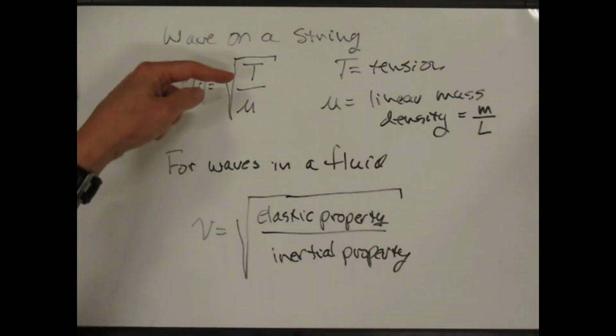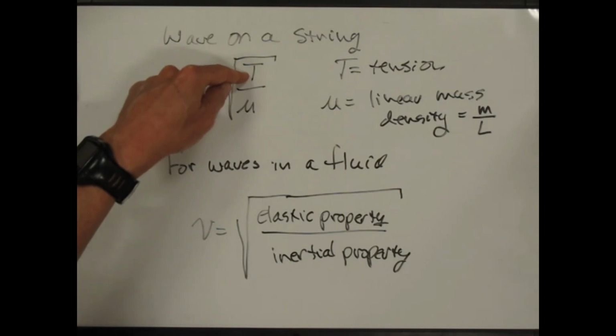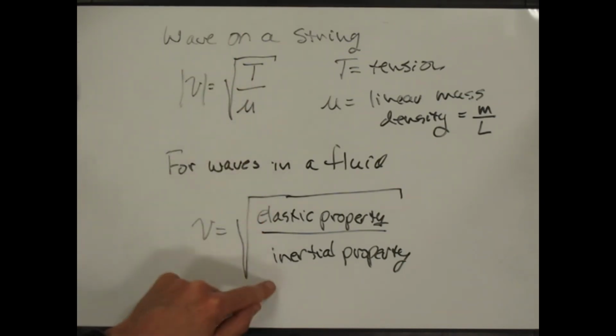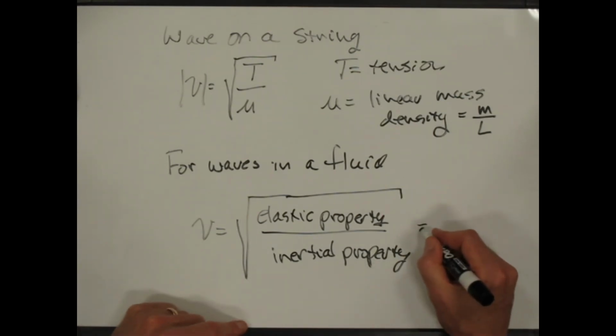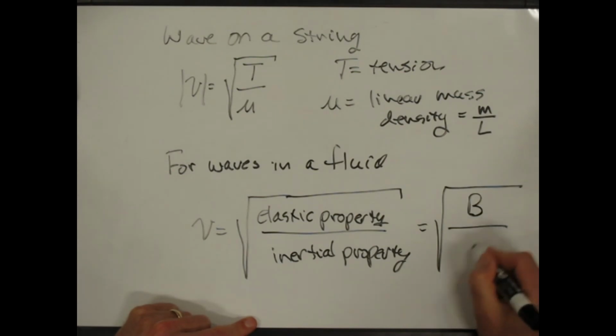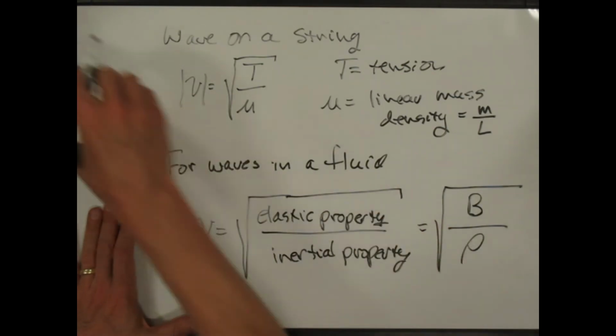It's really true for the rope too. The tension is how hard it's stretched, that's the elastic property, and linear mass density is the inertial property. For most fluids, we write it this way: it's equal to the square root of B over rho, where B is called the bulk modulus, and rho is the density.